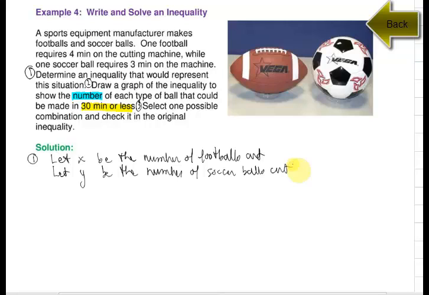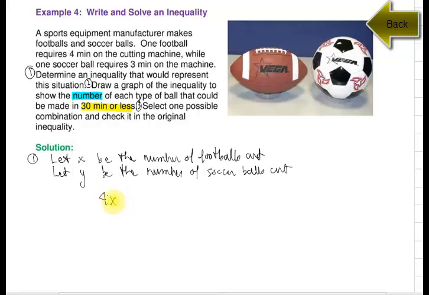Okay, so what we want to come up with now is a single expression that would help us calculate the number of footballs that we could cut in 4 minutes and the number of soccer balls that we could cut in 3 minutes. So how long it would take to cut x number of footballs would be 4x, right?